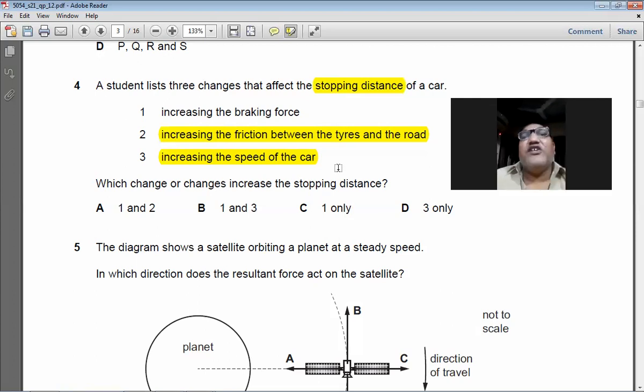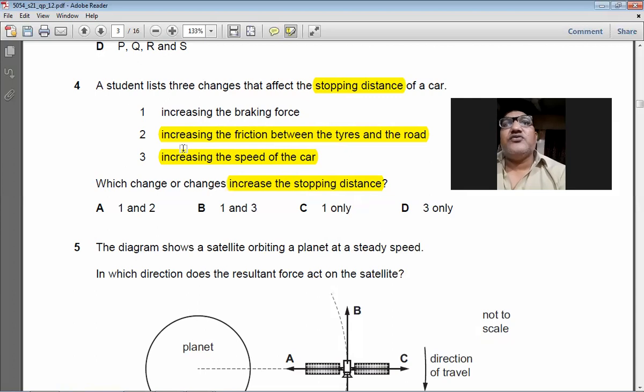Okay, so which change or changes increase the stopping distance? So we are looking for that which will increase the stopping distance. 1 and 2. If you increase the braking force, I think it will reduce the stopping distance.